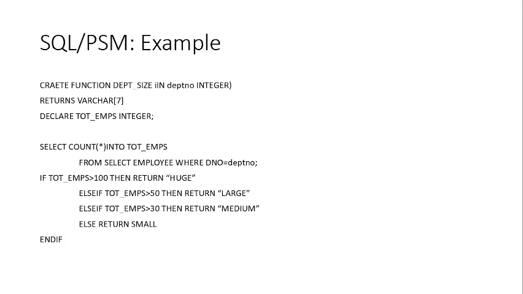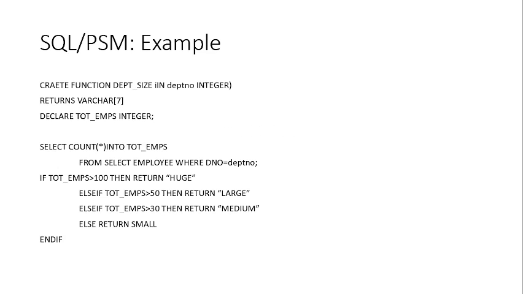And this is a conditional branching statement that returns one of the values huge, large, medium and small, based on the number of employees. If the number of employees is greater than 100, then return huge, etc. And end if is the end of this conditional branching part. Okay, that is all for this SQL/PSM. Thank you.